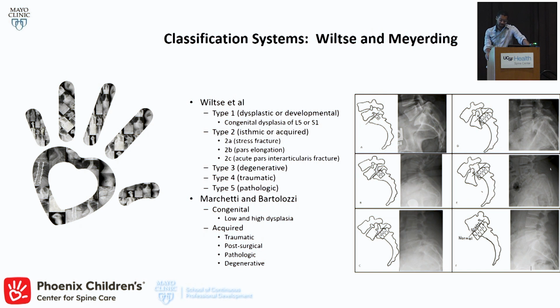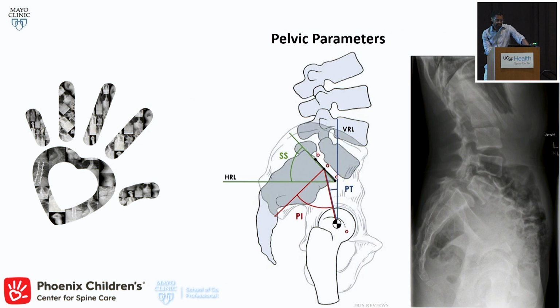Marchetti and Bartolozzi started to introduce the idea of having dysplastic elements and really distinguished itself from the Wiltse classification, because grading the high and the low grade dysplasia allowed us to communicate who is going to be likely to have a progression and also to define what that looks like radiographically. It also helped distinguish between the developmental and the acquired, still taking into consideration the traumatic, post-surgical, pathologic, and the degenerative populations.